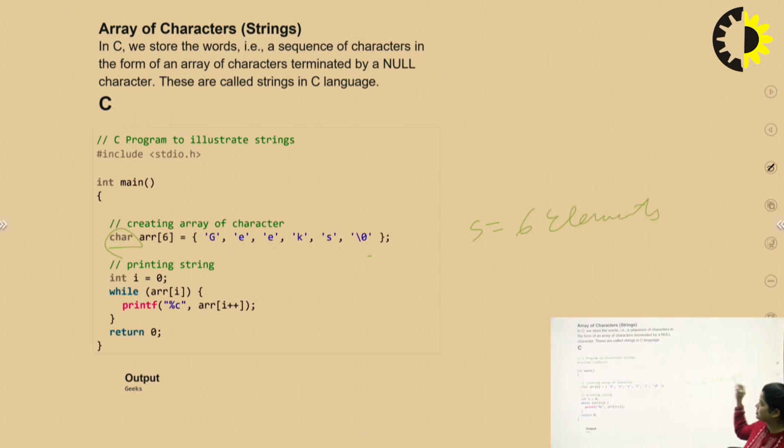And why 6? This also takes a place, and this is known as the terminal. It is known by the character string that here the string ends. Meaning if you make an array with G, E, E, K, S, then this also takes a place.